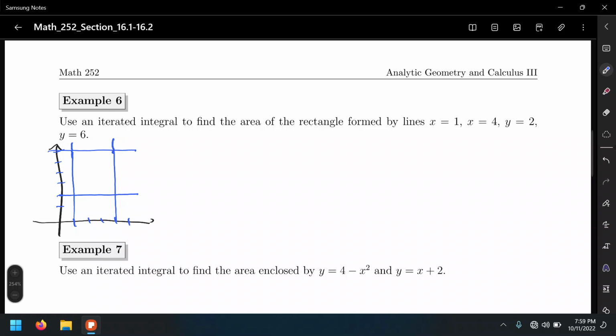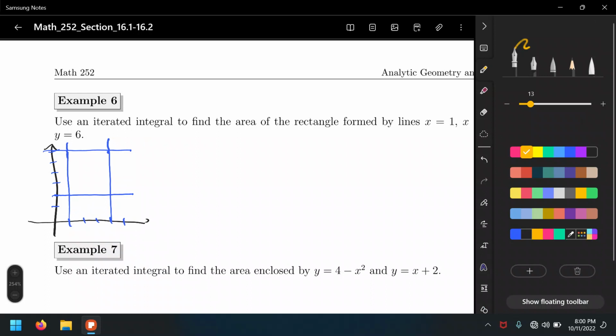We are going to find the area of that rectangle. Do we really need a double integral to find the area? How about we just use 3 times 4? That's just going to be 12. But yes, we're going to do it. We're going to set up a double integral to find this area.